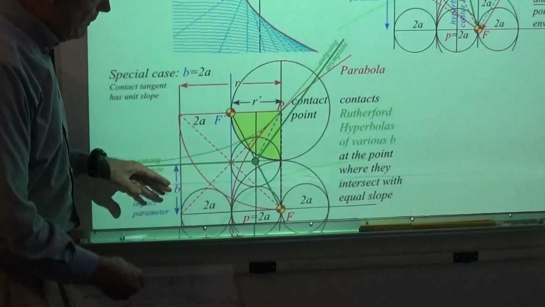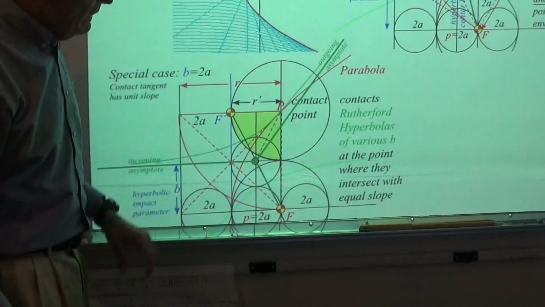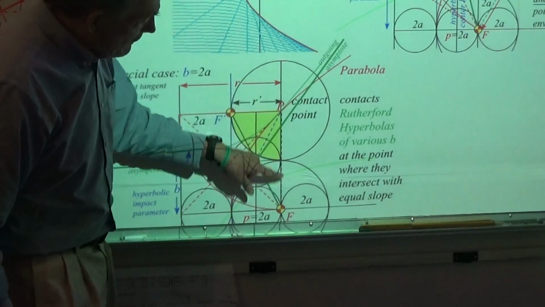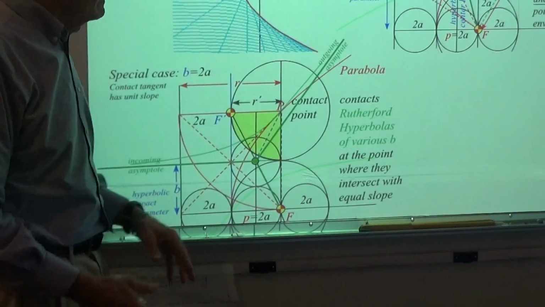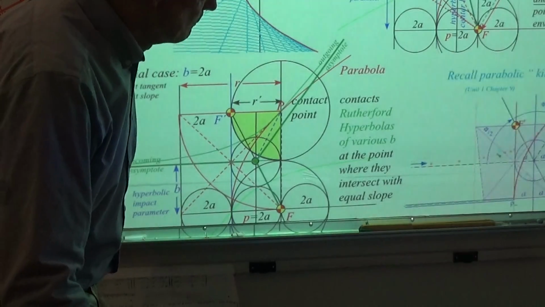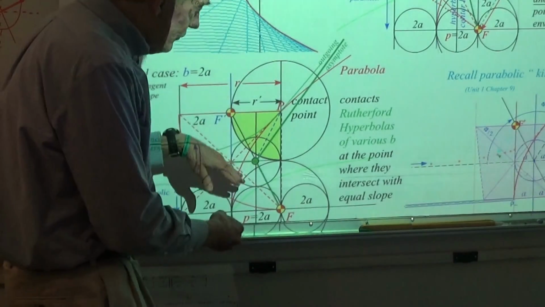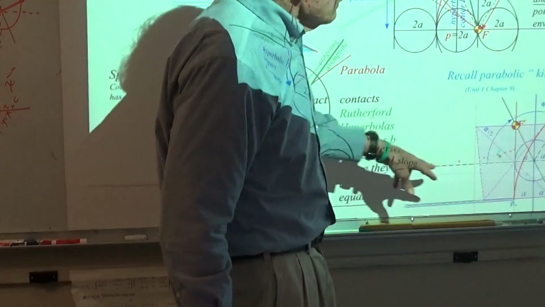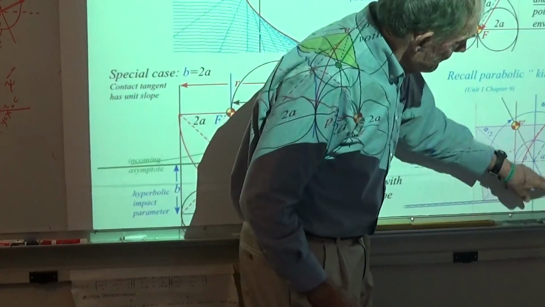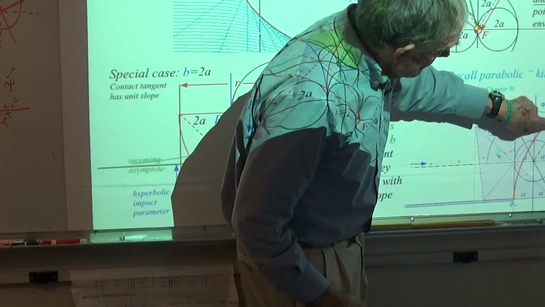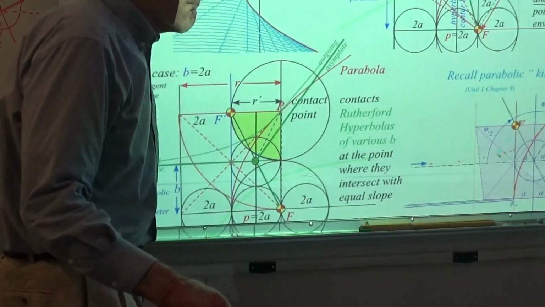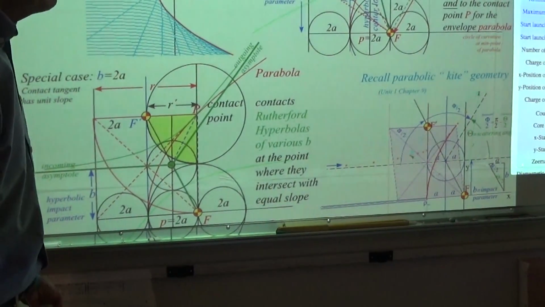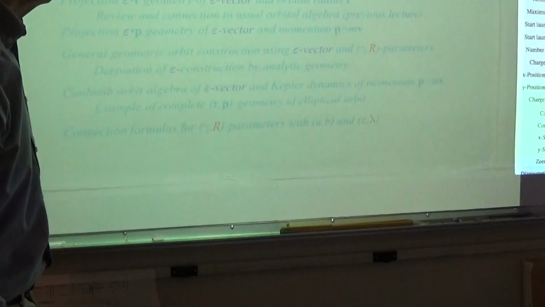If your impact parameter is equal to the major diameter of the hyperbola, that's when you get a square kite, and the contact point sitting right there. The weird case is when you go inside the focus, make the impact parameter less than that, really heavy scattering, then you get an Asian kite. In this particular case, there's the contact point right there. Okay, so this kind of makes it possible to visualize things that I don't think have been seen before.